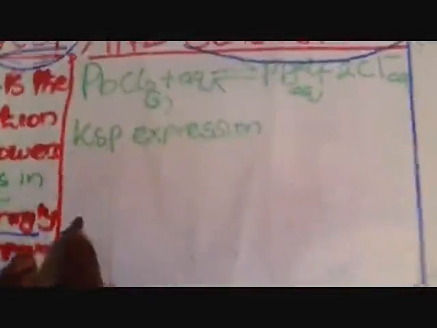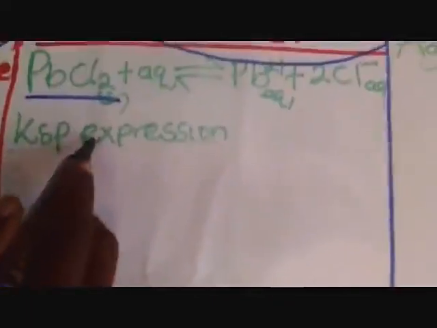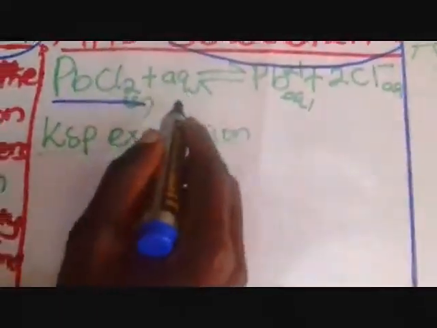Now, let us look at some examples of the Ksp. When we have our salt like this one, that is lead(II) chloride, remember, it is sparingly soluble in water. So we are representing water with aq. When you put this one in the water, since it's sparingly soluble, we shall get ions of lead, and then ions of chloride.